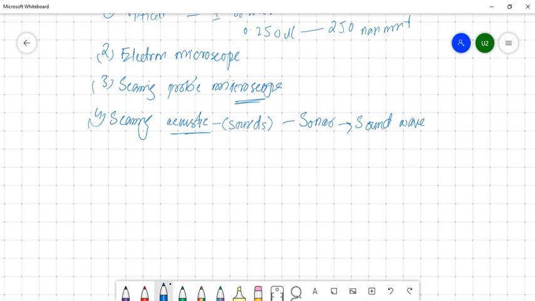and it uses to detect defects in the subsurfaces of materials, like in medical field.